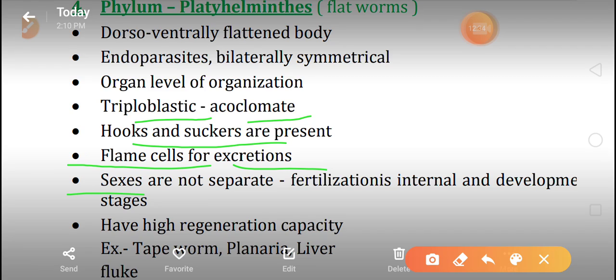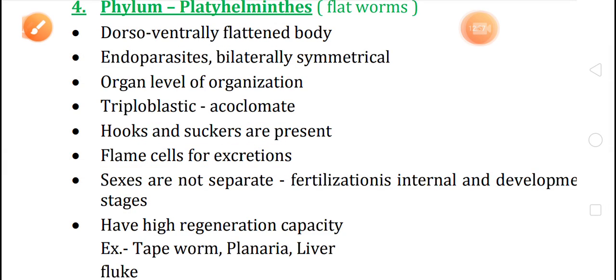Next, sexes are not separate, meaning the organisms are hermaphrodite. Fertilization is internal, and they reproduce sexually. One most important point in these organisms is that they have high regeneration capacity.